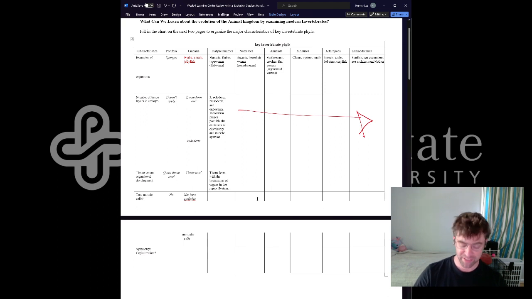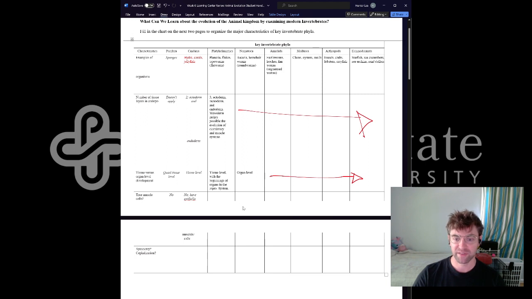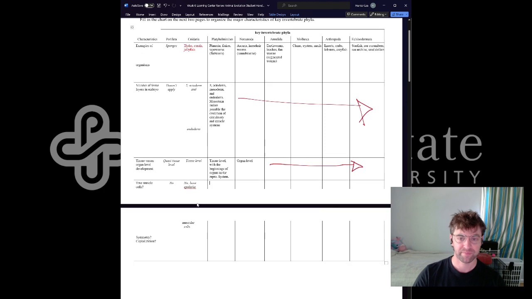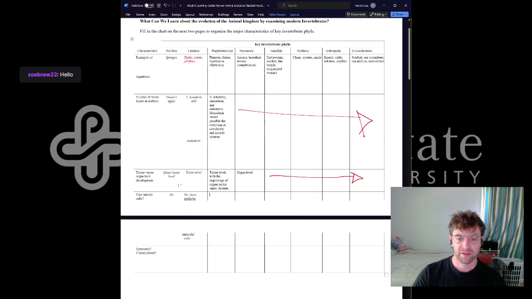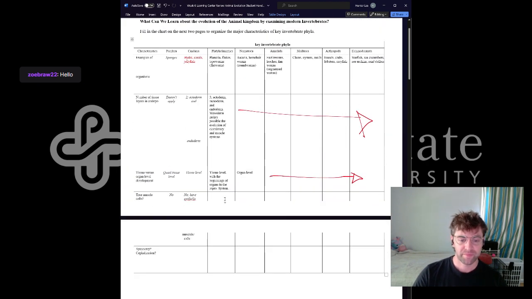And then by the time we get to Nematoda, we have organ level. We have true organs. So distinct organs with specific functions in the body that we can really observe once we get to Nematoda. And remember, those are our roundworms.